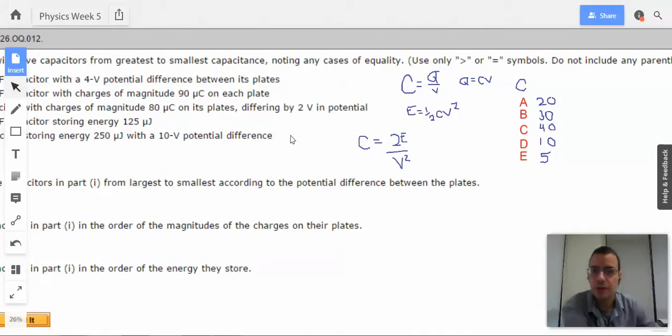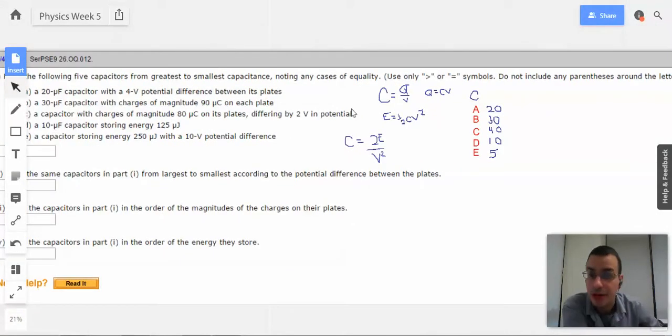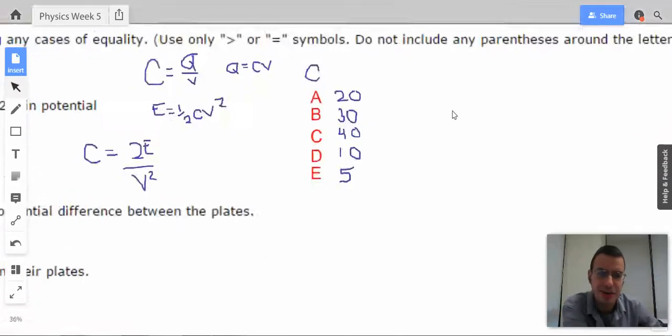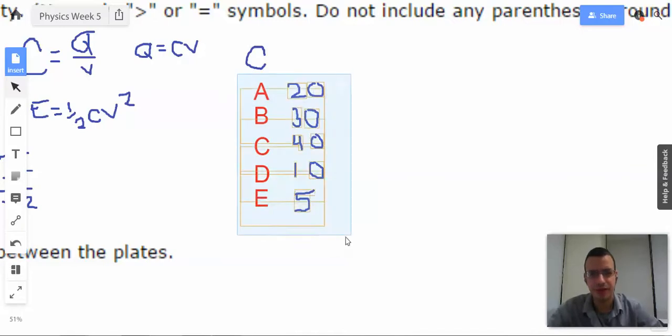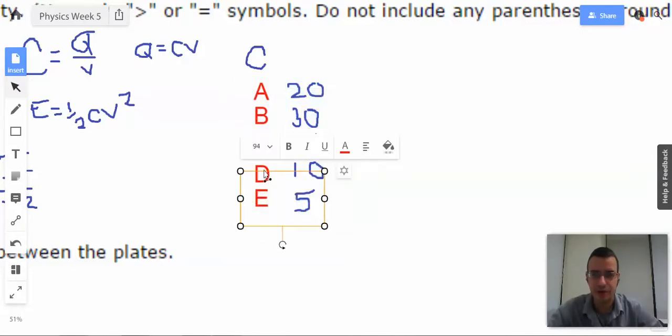So this is what we need for our capacitance. We want to arrange it from greatest to smallest. I'm not going to rearrange them, I'm just going to tell you the answers. So this would be C, B, A, D, E. E is 5, so maybe I could say it is 5? I don't know.